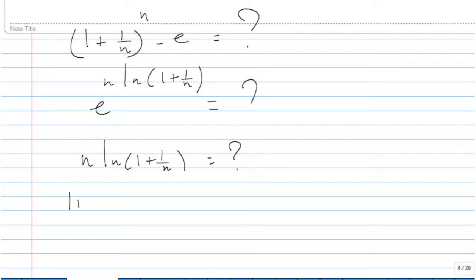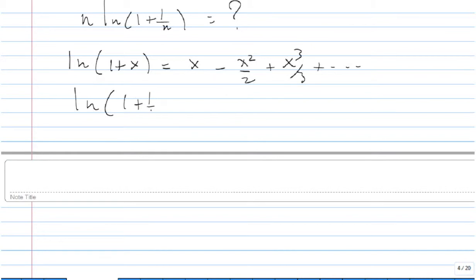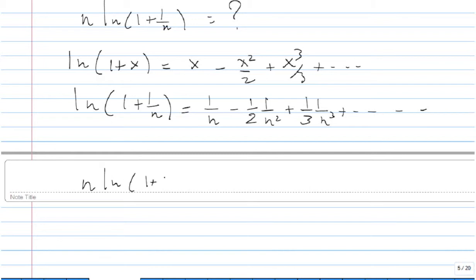Again, here we use the Taylor series for ln of (1 plus x), which is x minus x squared over 2 plus x cubed over 3, etc. So this tells me that ln of (1 plus 1 over n) equals 1 over n minus 1 over 2 times 1 over n squared plus 1 over 3 times 1 over n cubed, etc. So n ln of (1 plus 1 over n) gives me 1 minus 1 over 2n plus 1 over 3n squared, etc. The next one will be on 1 over n cubed.